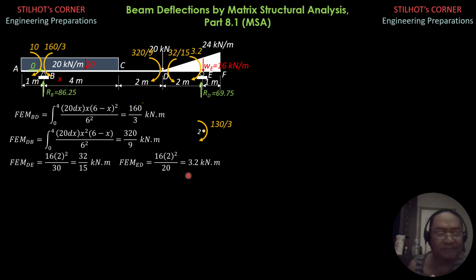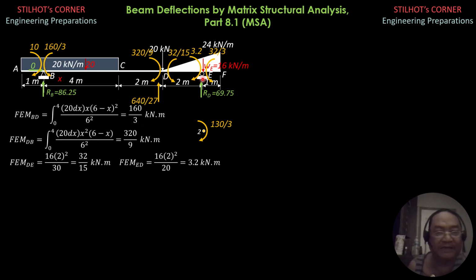So next is we compute the fixed end force at D just to the left, considering BD. So sum up moment about B. So for instance, fixed end force DB times 6 plus 160 over 3 equals 20 times 4 times 2 plus 320 over 9. And you'll get the value as shown in the figure, 640 over 27.